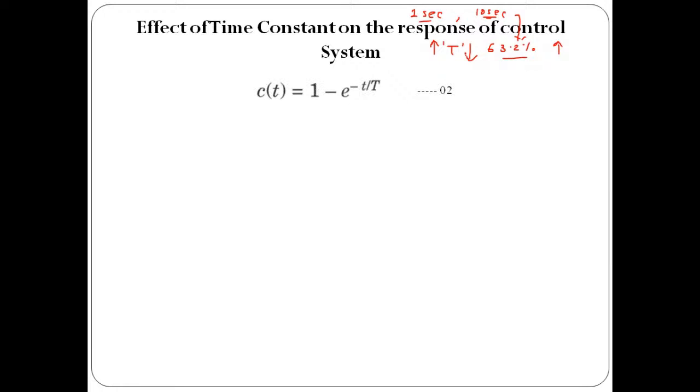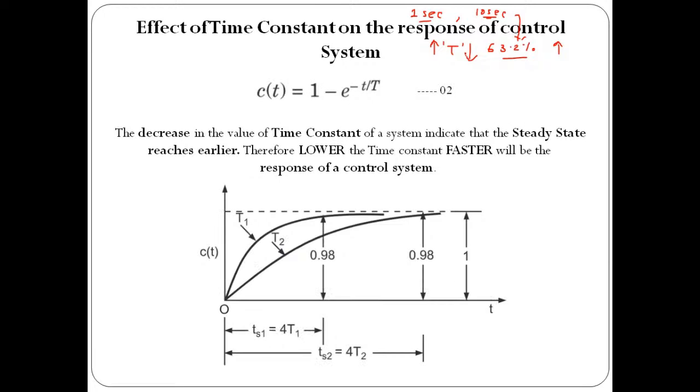So the same thing is mentioned over here. See, this is very important. The decrease in the value of time constant indicates that the steady state is reached earlier. Therefore, the lower the time constant, the faster will be the response of the system. See, here I have shown the responses of two systems on the same graph.